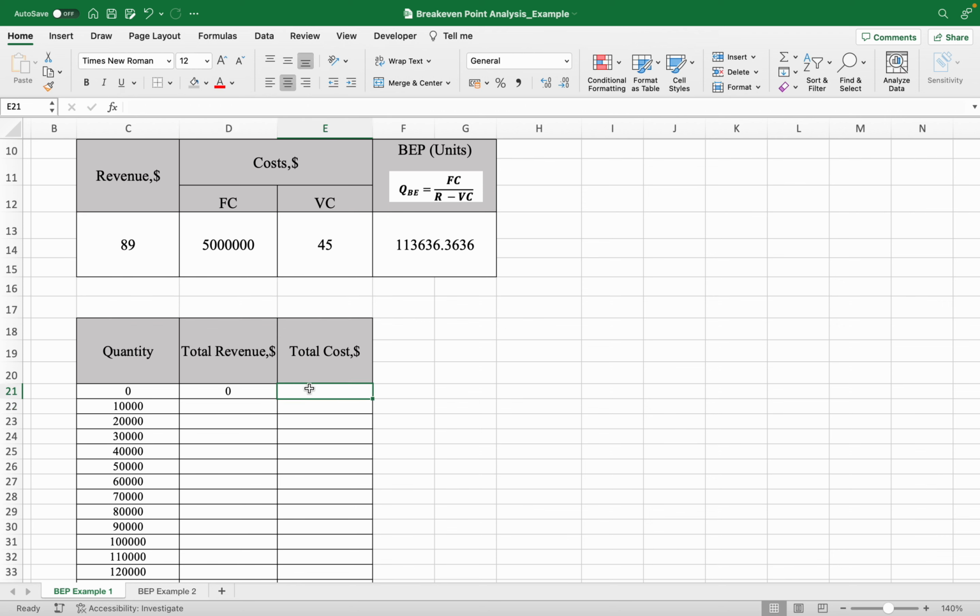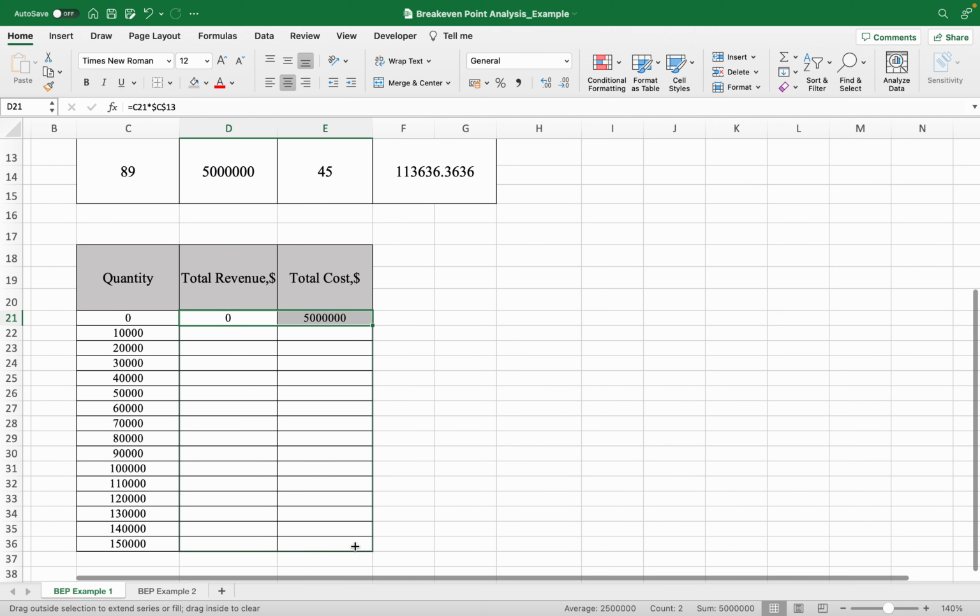And the total cost is the quantity times variable cost plus the fixed cost. And that's because the fixed cost does not change, but the variable cost changes with the amount being made. And make sure to dollar sign the fixed cost and the variable cost. Okay, we have that, and just drag this down.